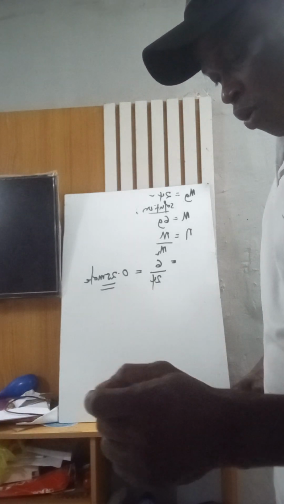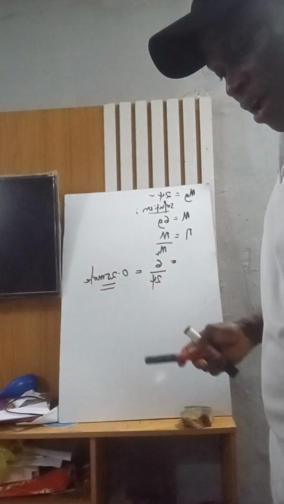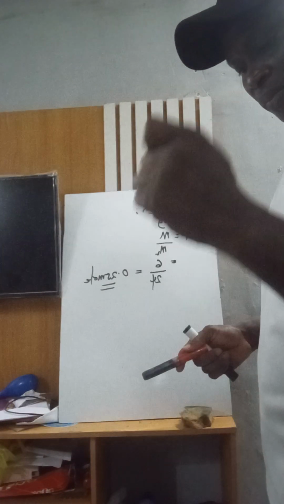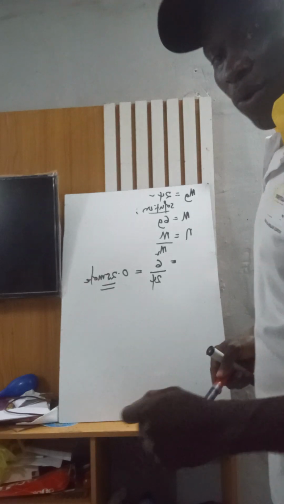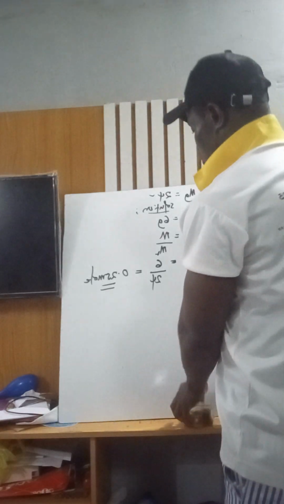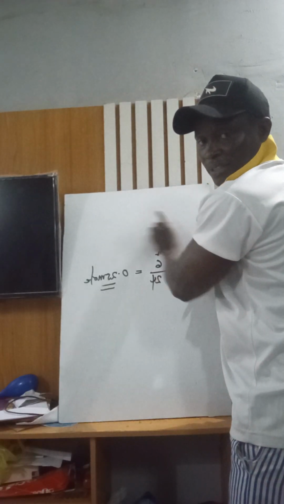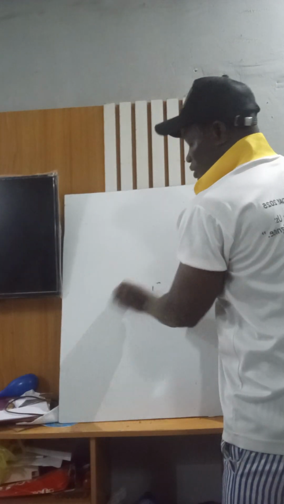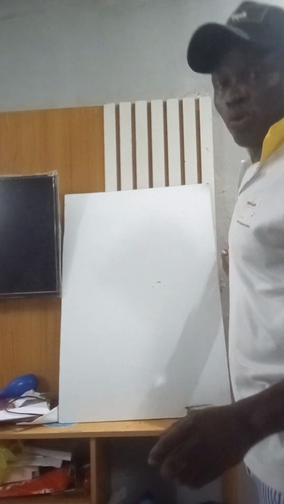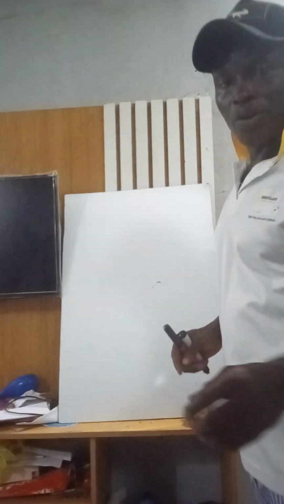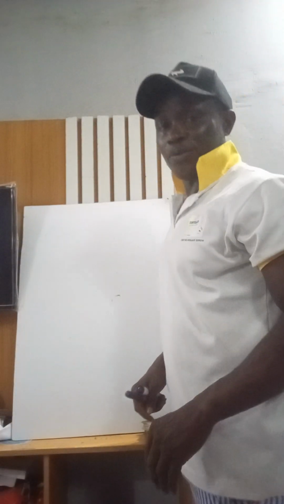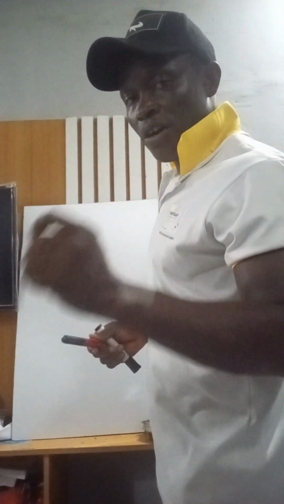Okay, next question. Calculate the number of moles in 20 grams of calcium trioxocarbonate 4.